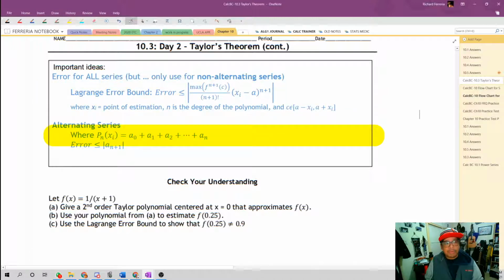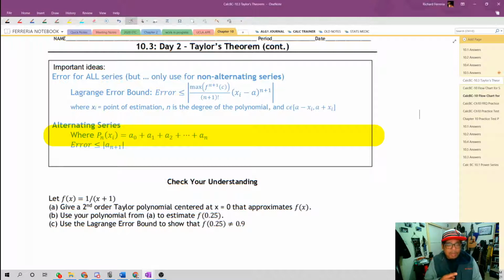For alternating series, it gets even easier because the error bound is the very next unused term. So for me, when I'm supposed to do an alternating series bound and it asks me for, let's say, a third degree Taylor polynomial, I'll always write down the fourth ordered Taylor polynomial so I can take that fourth ordered term and use it for the error.